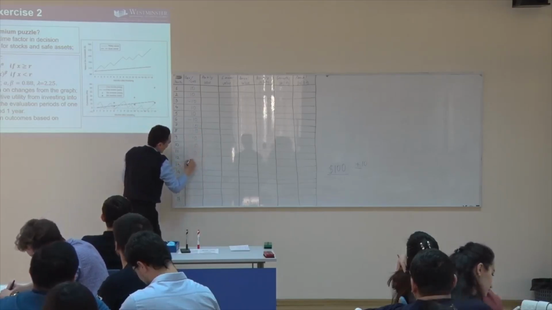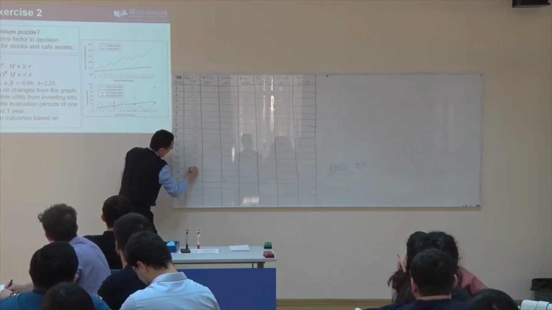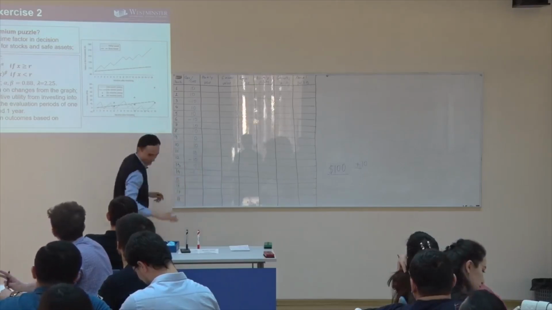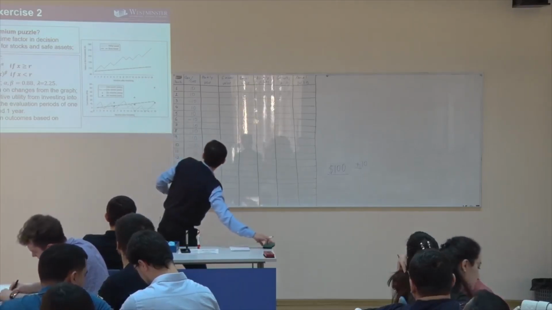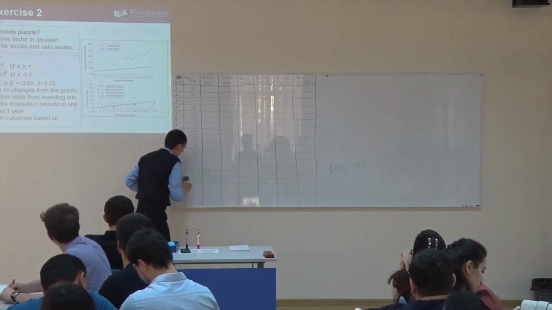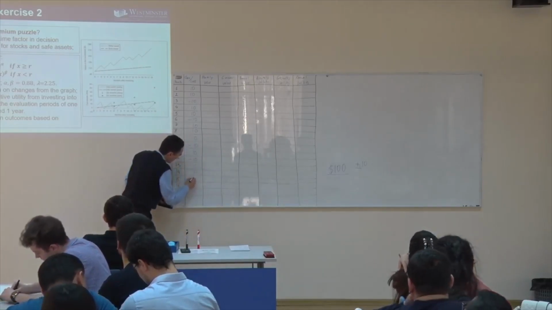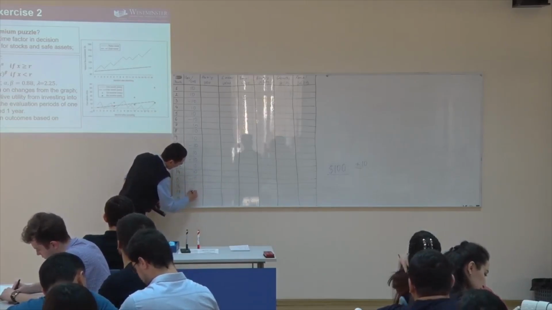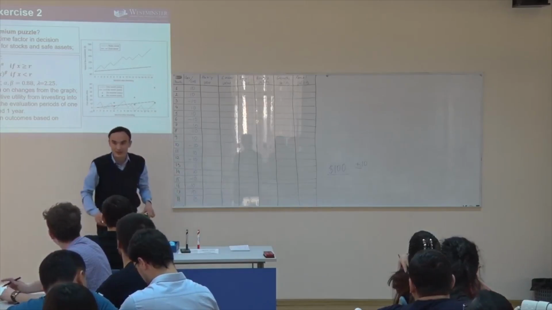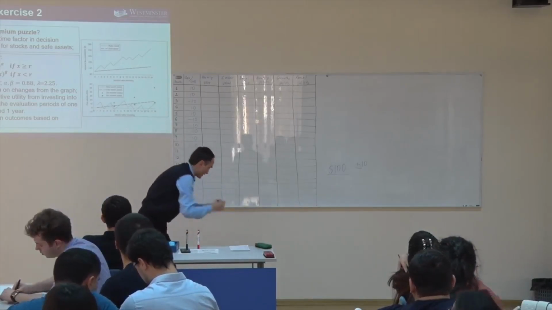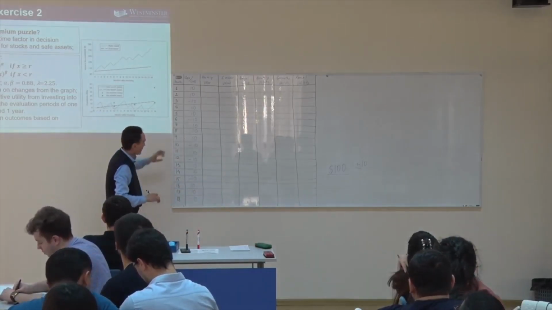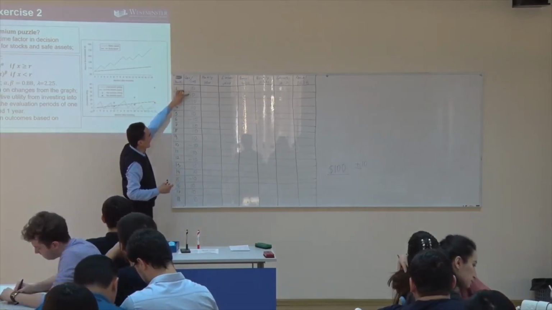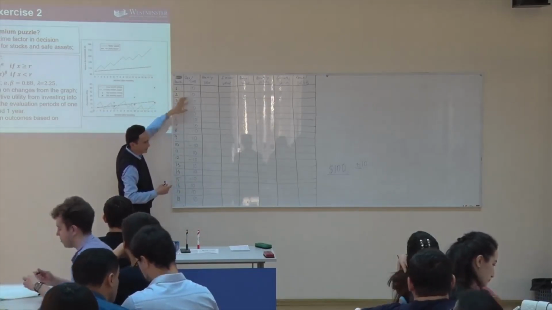Positive 10. 12? Negative 10. 13 positive, right? 14 is also positive. 15 is negative. 16 is positive, positive, positive, right? Now we have these values. So now we have monthly data, okay? Our investment has increased by $10, $10, then decreased, increased, increased, decreased, and so on.